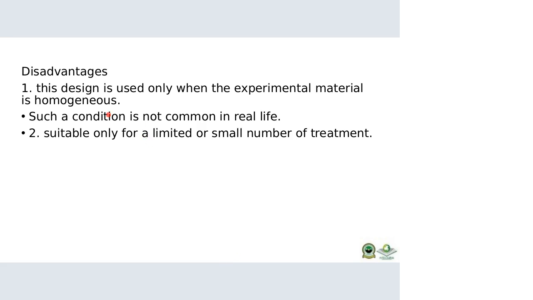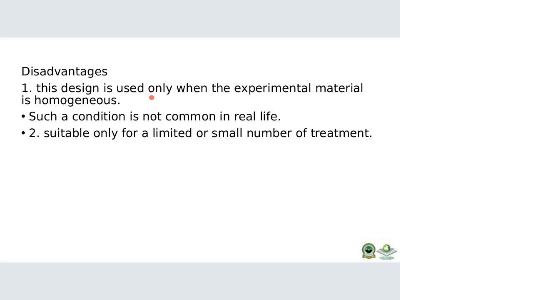Now, the key disadvantage is that it is used when the experimental material is homogeneous, which in real situations you may not really find. It is like concluding that all 20 experimental units have equal nutrients, equal nitrogen content, or equal moisture content.